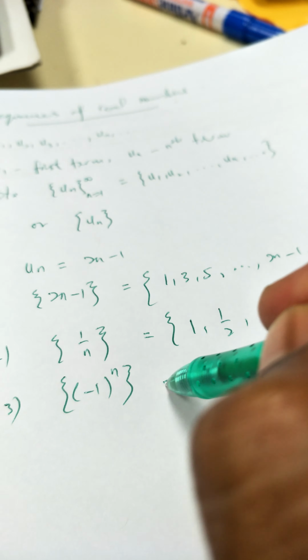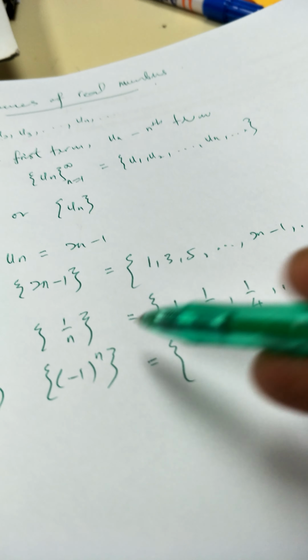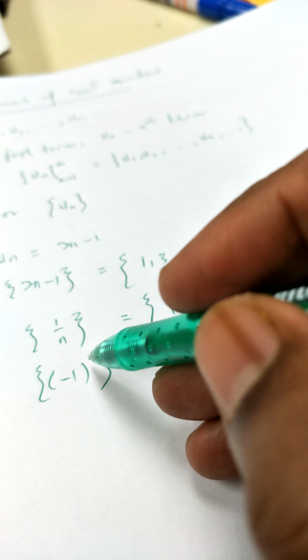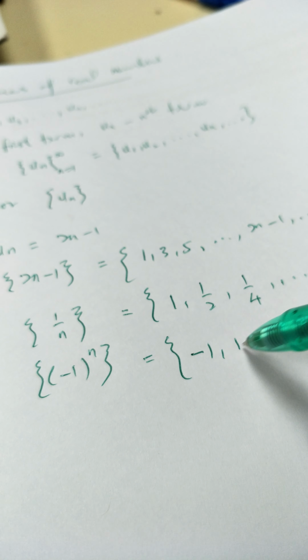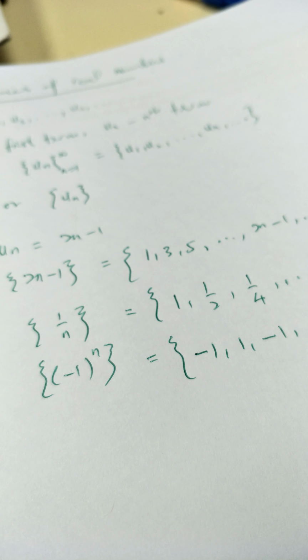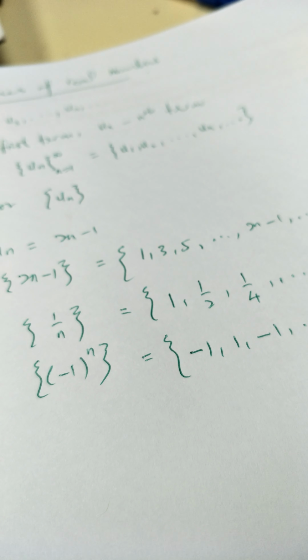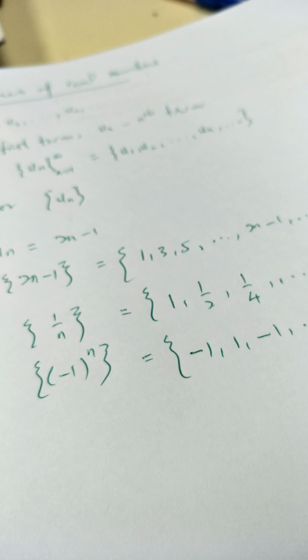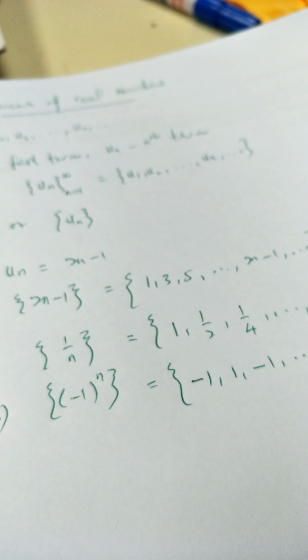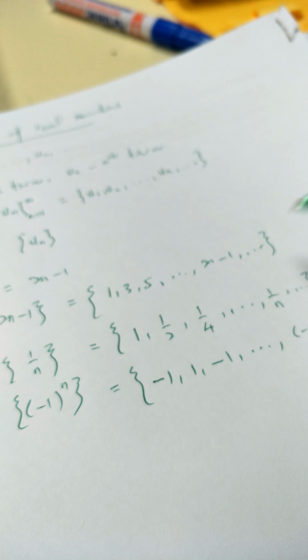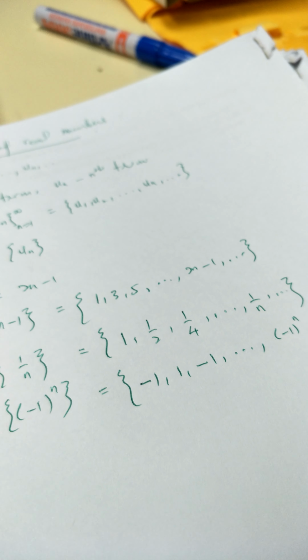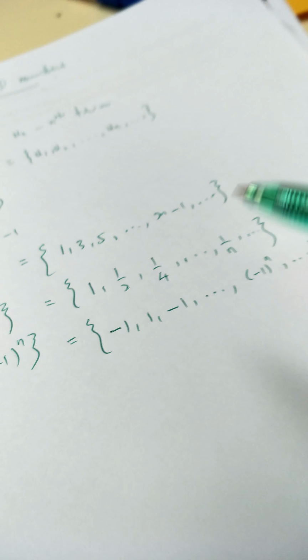And this one, when n equals 1 we have minus 1, then 1, minus 1, and so on, minus 1 to the n. These 3 examples, we can sketch the plot of each of them.